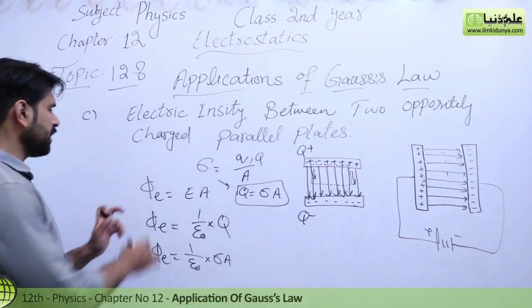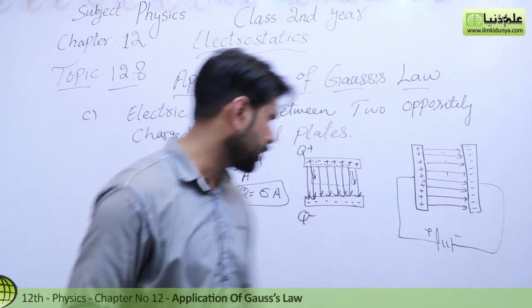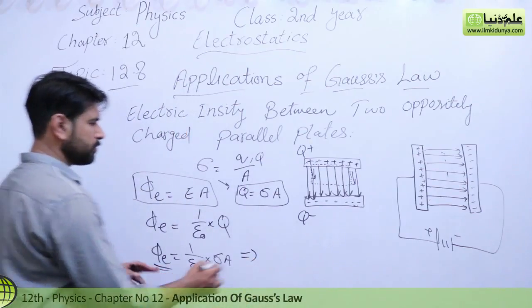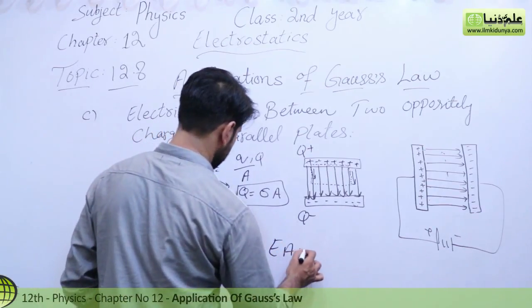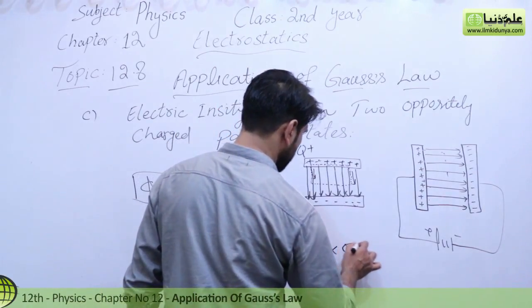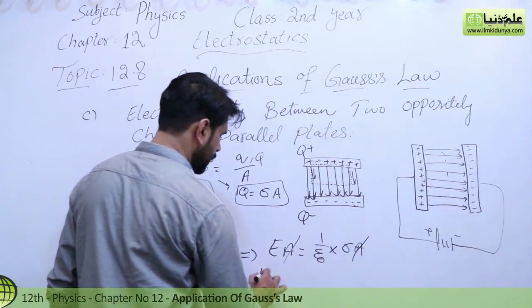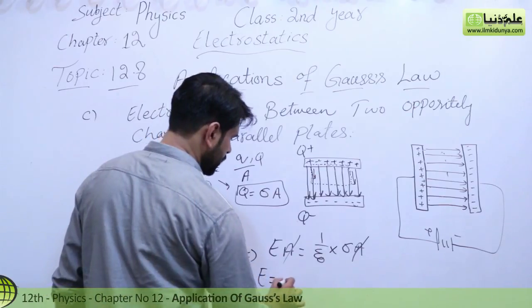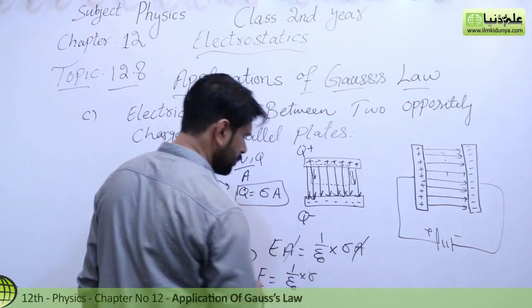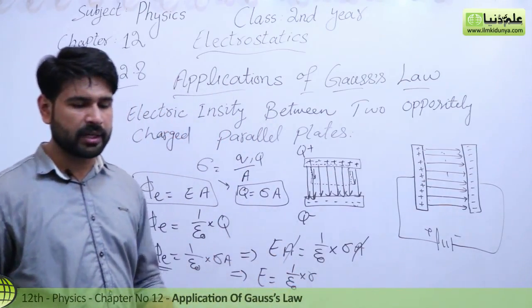And we also know that the electric flux through a closed surface is equal to E times A. So we can put E times A equals 1 over epsilon times sigma A. Cancel A by A, and E equals sigma over epsilon, where epsilon is the permittivity of free space, the electrical constant.